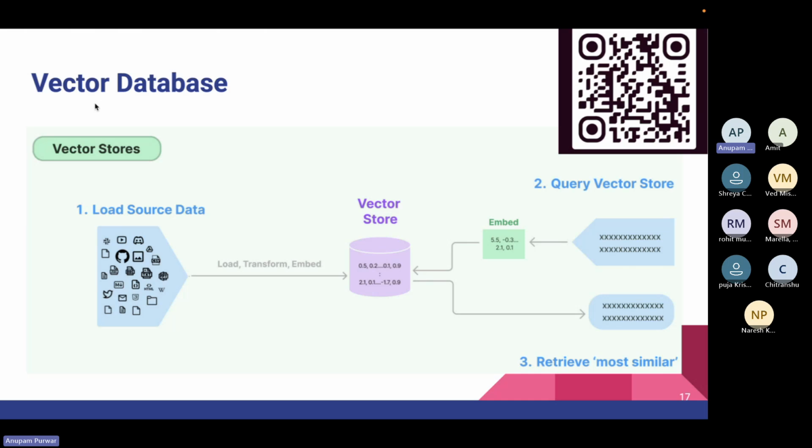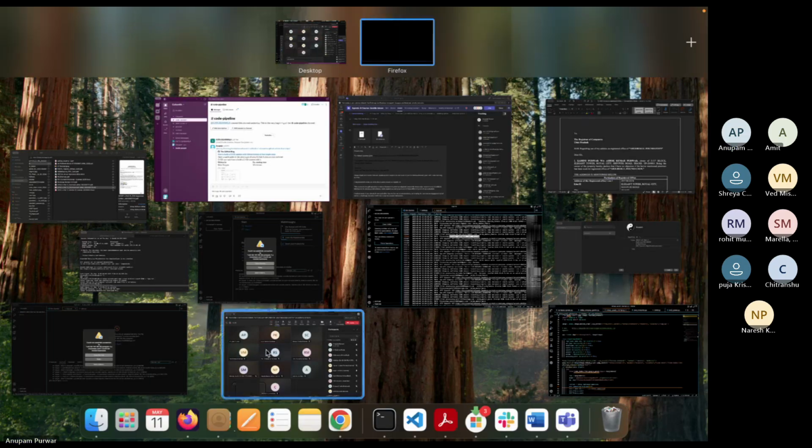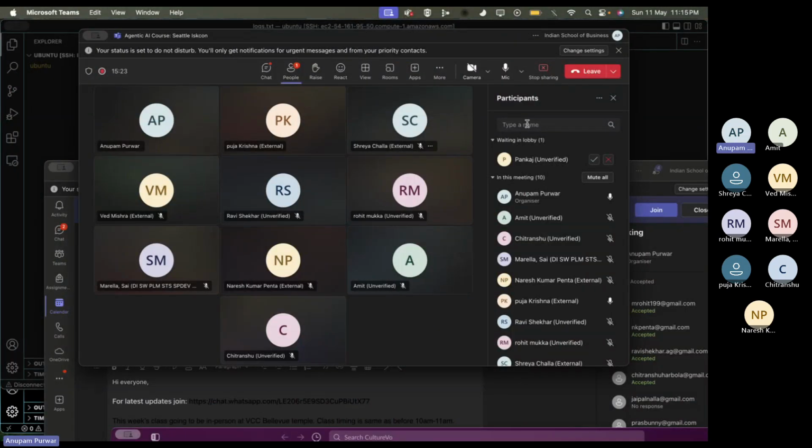In that paper, what we have done is we are showing that even with RAG there are some limitations. Okay, let me open the paper. And Puja Mata brings a very good point about how the things in that paper are different.